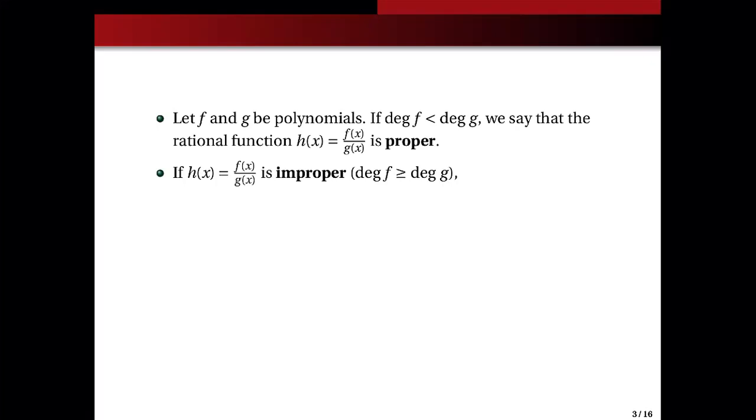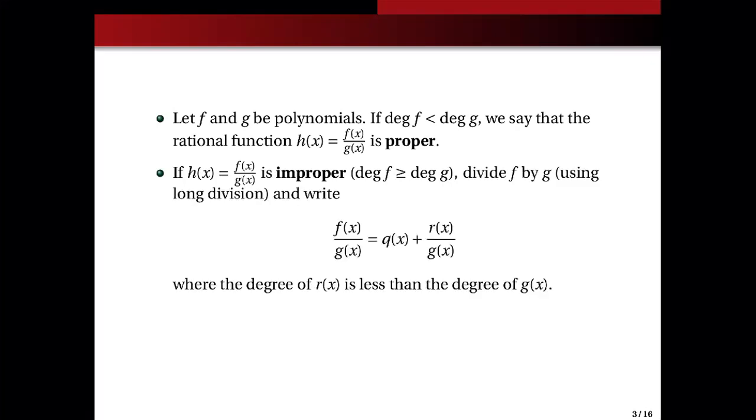Now, if you have an improper rational function, what you need to do is to divide the function f by g. You can use long division.